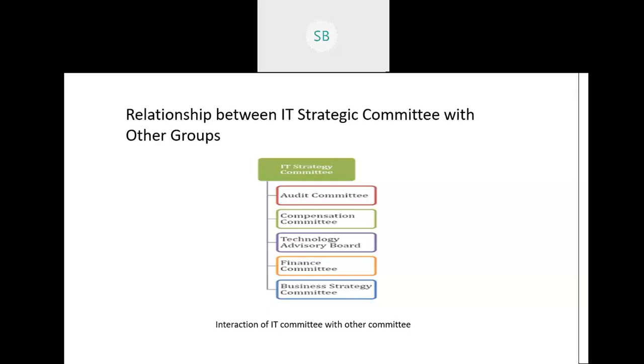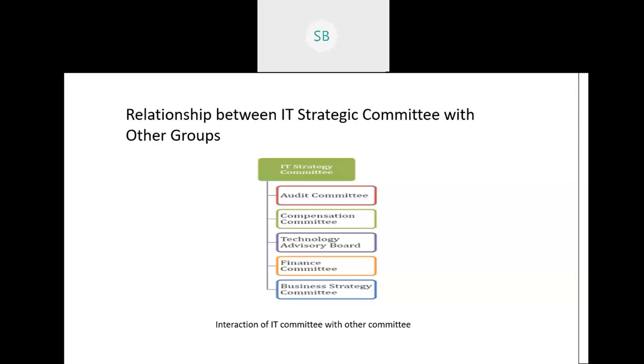The last one is the business strategy committee. It is important because it involves all the business strategic leaders, the board of directors, all the higher officials. The board of directors checks whether everything is working in a proper way to increase their business.